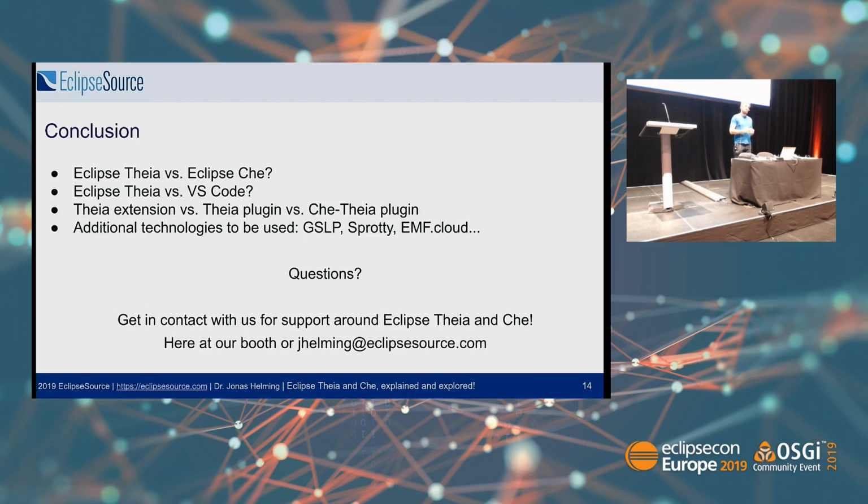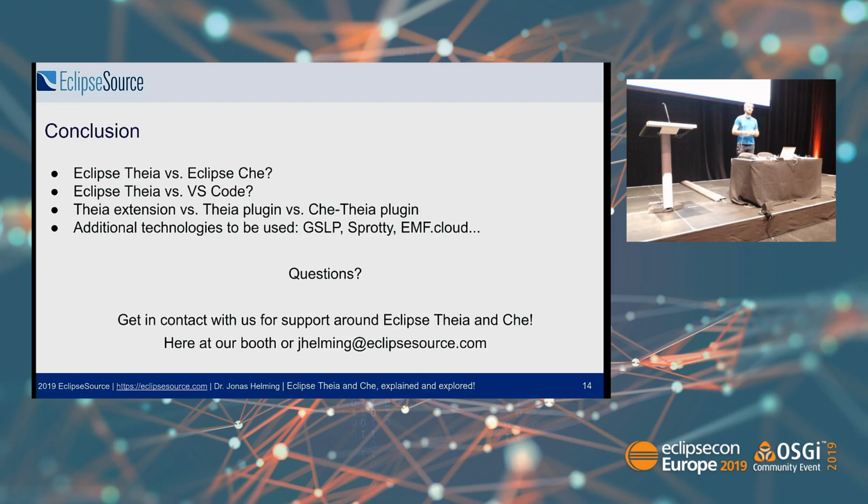Theia extensions versus Theia plugins versus Che Theia plugins. Theia extensions are the powerful mechanism where you can do everything, but you cannot install them during runtime, and you basically don't want to give anybody the capability to extend your product with that because they can harm stability. Plugins can be deployed during runtime.